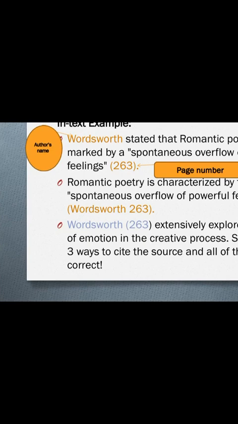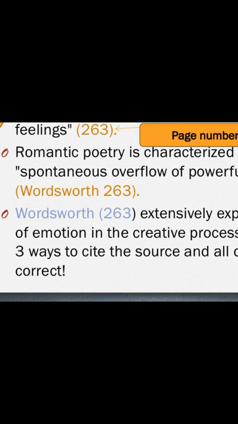The second choice is to write the original author's last name and the page number together inside the parentheses. The third choice is to write the author's name and then only the page number inside parentheses.